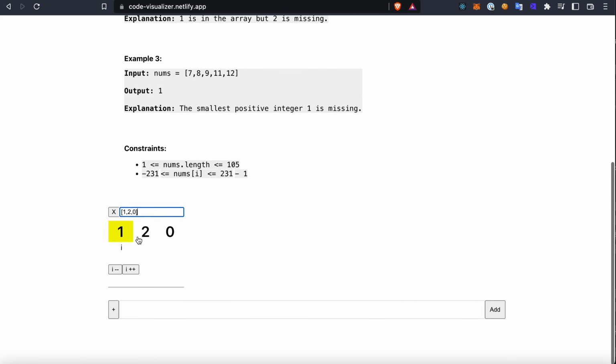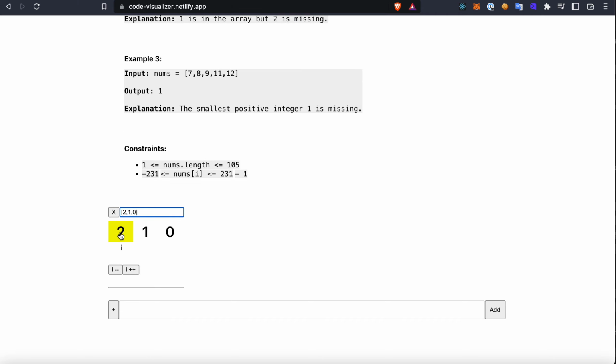So we have 1, 2, 0, and you ask yourself, is 1 at its correct index? The most basic form of cyclic sort is 0 index, meaning that 0 goes at 0, 1 goes at 1, 2 goes at 2, and let's just do that for a second. So we look at 1. 1's supposed to be at index 1, and it's not there, so we go ahead and swap 1 and 2.